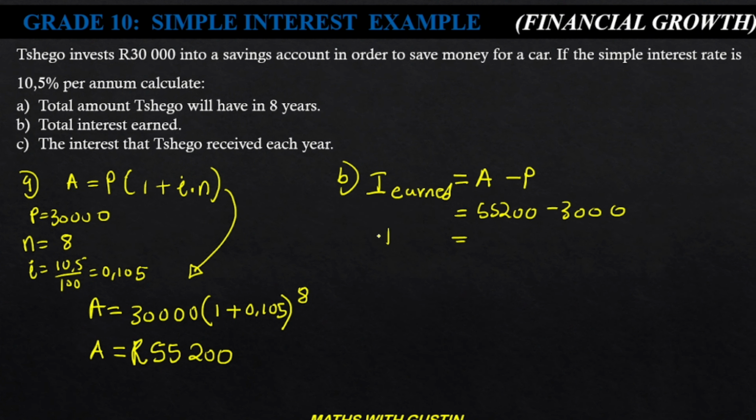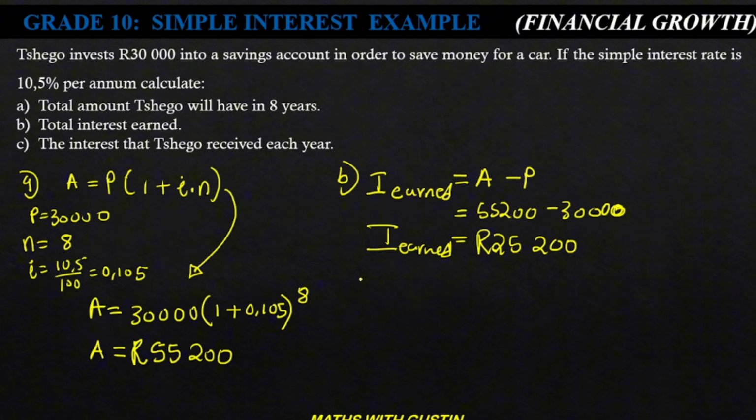On the calculator, this gives me 25,200 rands. This is how you would deal with this one: total interest earned is the final amount minus the initial amount, which is the starting amount. This is 30,000, look at me there putting 3,000.